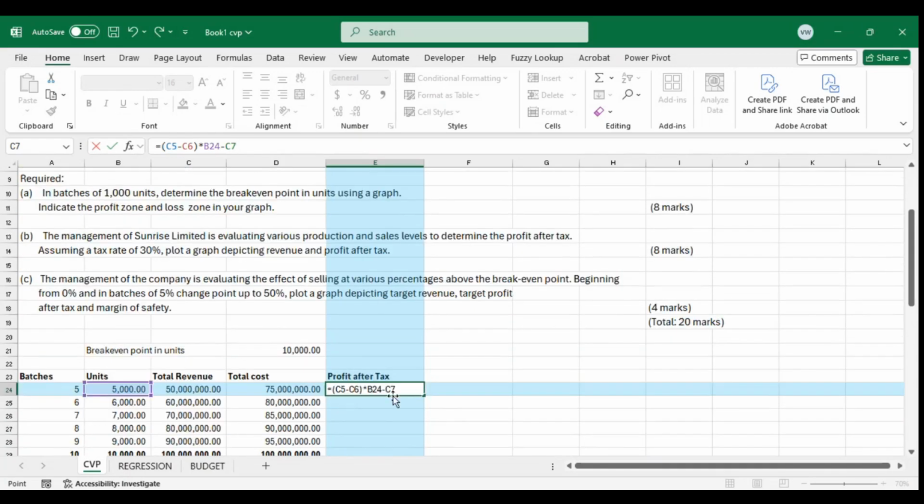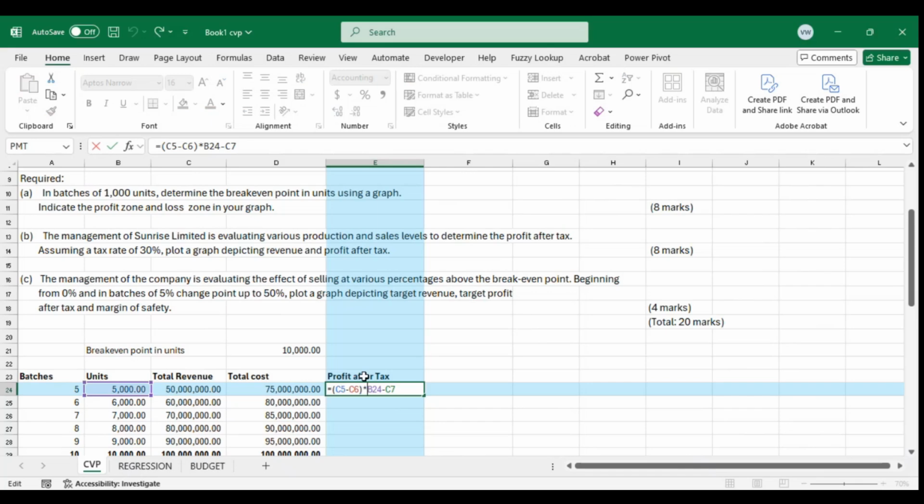And whatever I get, after getting all that, I less corporation tax, and we know that the corporation tax rate is 30%. So maybe before doing any adjustment, this is what you get before adjusting for tax.